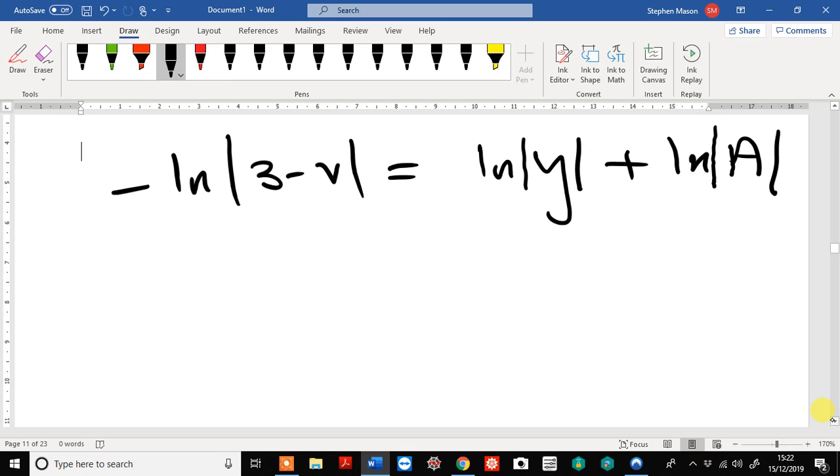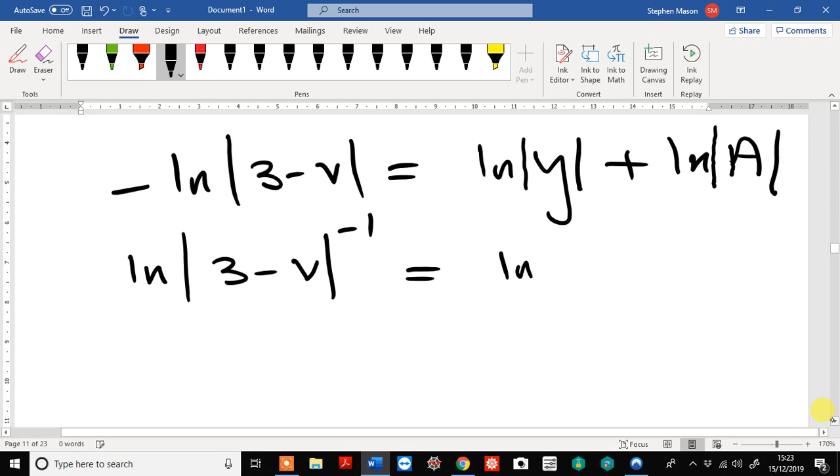So what I'm going to do now is take that minus 1 here and raise the 3 minus v to the power of minus 1, and that's equal to the log of y plus log of a.